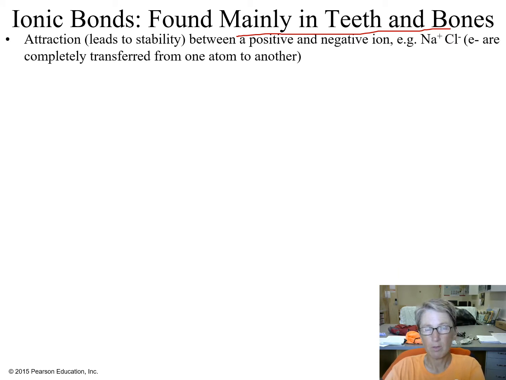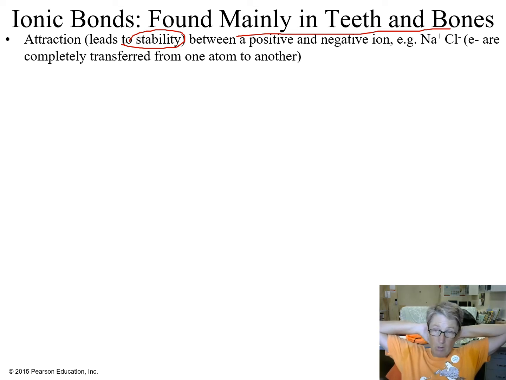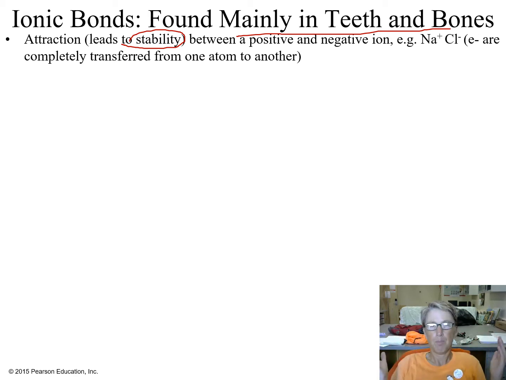This attraction that they have for each other leads to stability. So the positive sodium ion and the negative chloride ion being attracted to each other and forming an ionic bond makes that sodium chloride stable.